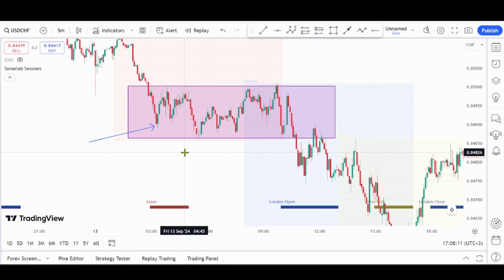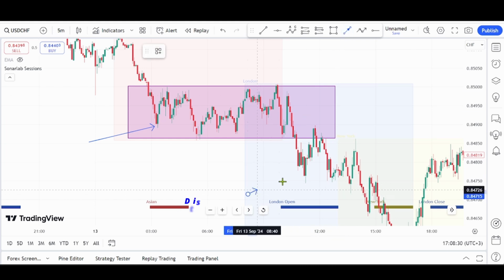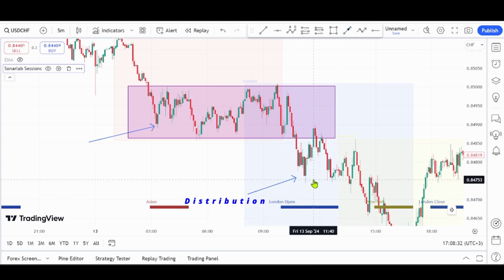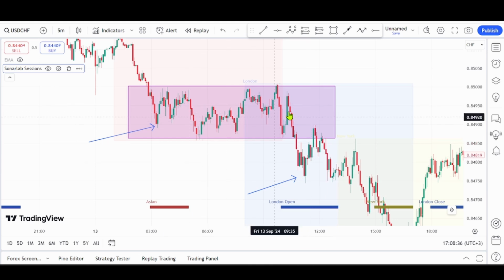We want to see the price break out of the accumulation zone for the very first time. The price breaks, you can see here, the price broke and closed outside the accumulation. This is the second stage, the distribution, break of this structure.